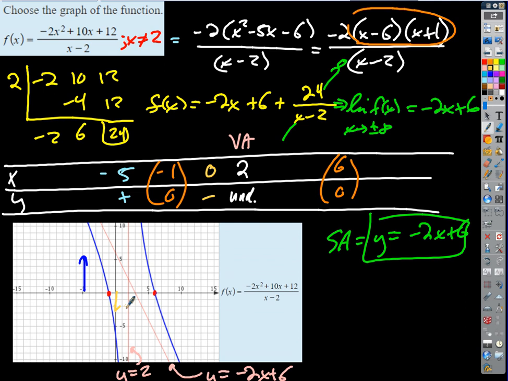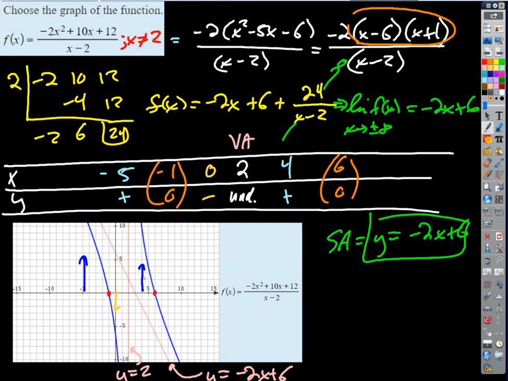How about at 4? At 4, I'm going to get negative times positive over positive. Whoops, I did that wrong, didn't I? At 4, I'm getting negative times, no, that's right. I'm getting positive, yeah. So the function at 4 goes up, which it does, it's above.